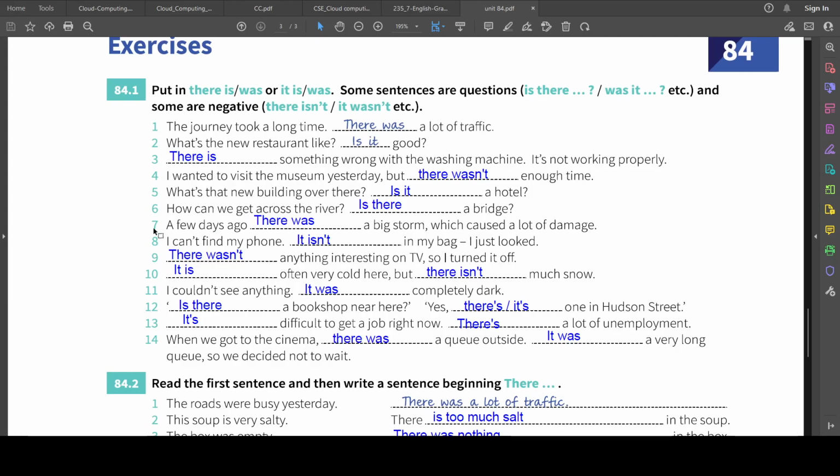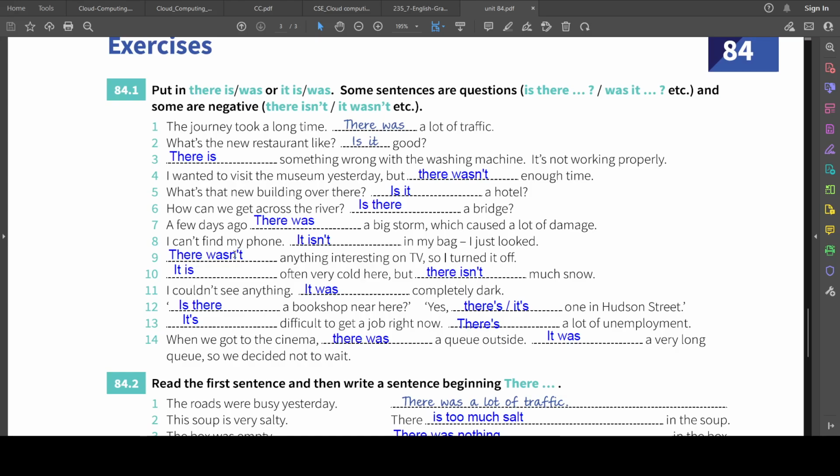The next one, a few days ago there was a big storm which caused a lot of damage. We are talking about the existence. There was, but in the past.